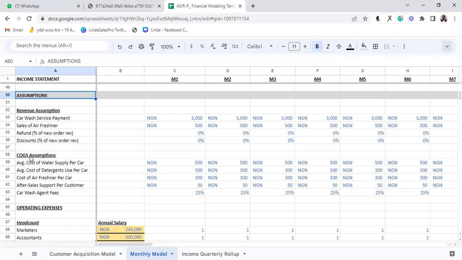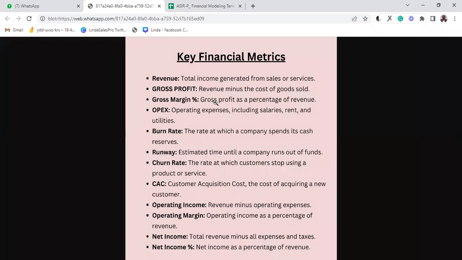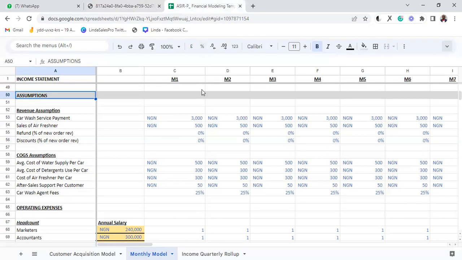So if you minus your COGS from your revenue, that will give you your gross profit. In this case, your gross profit has not included the expenses around your rent, your NEPA bill, your salary, and all that.